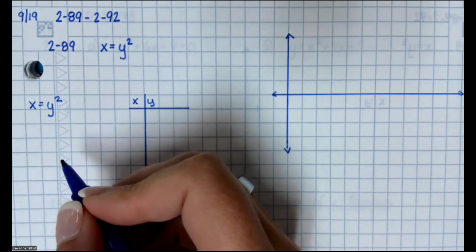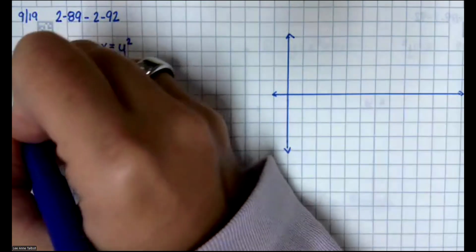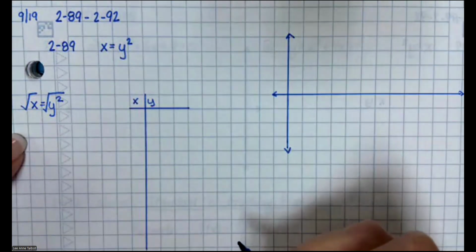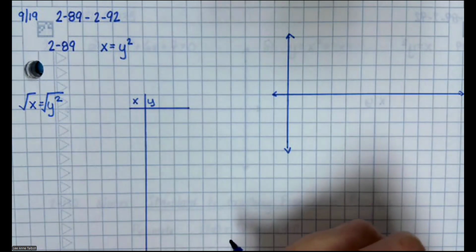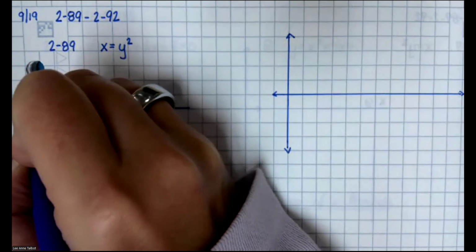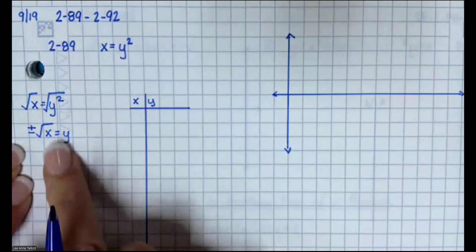How do I undo a squared? Square root. Okay, however, what do I have to remember when I square root both sides? So this is kind of the cheat.